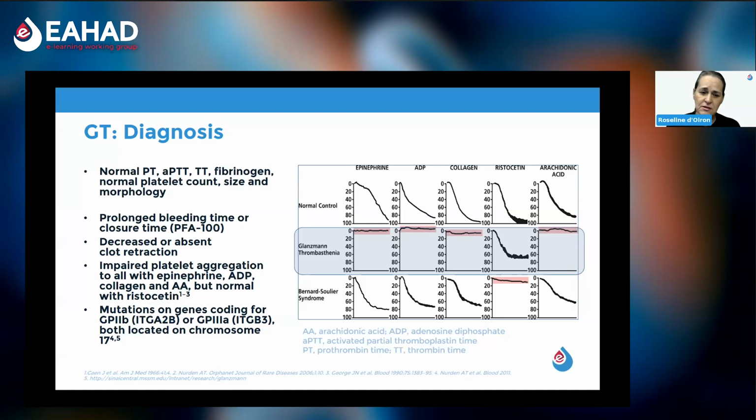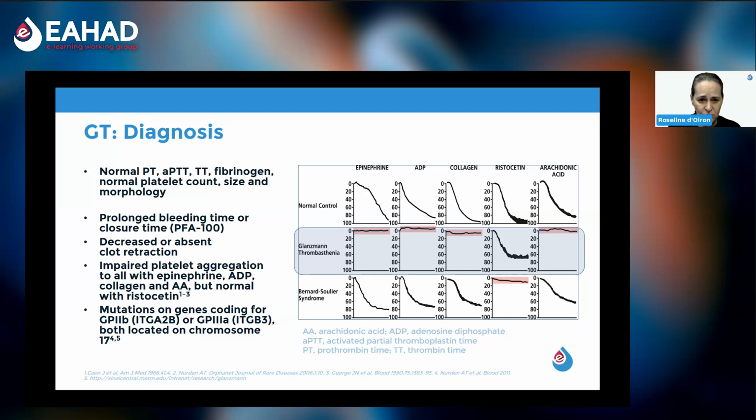The diagnosis usually is done with a very specific test regarding platelet aggregometry. Indeed, the other tests of coagulation show normal PT, normal APTT, normal thrombin time, normal fibrinogen levels.